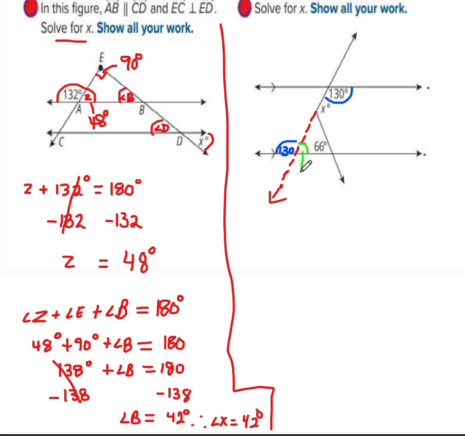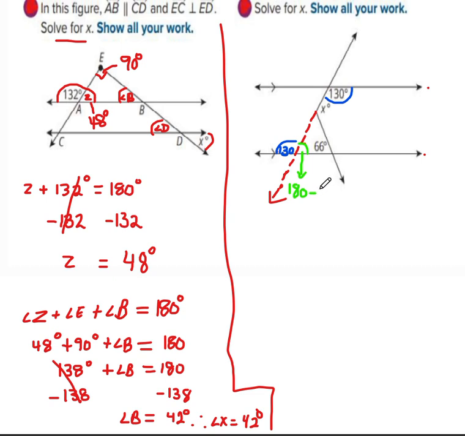So I can get this angle by subtracting 130 from 180, because this angle at the green arc plus 130 degrees form linear pairs, because they are angles on a straight line forming half of a circle.